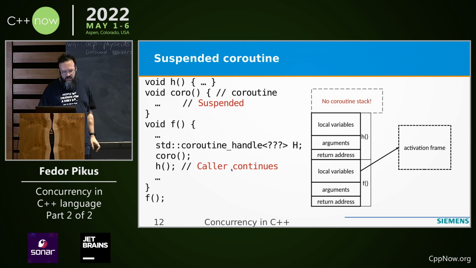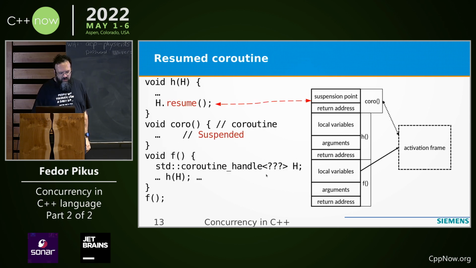Let's say the caller invokes another function, h, first. It goes on the stack. There is no coroutine stack anywhere here. A normal function, so everything is normal. The caller then, or maybe that function h, anybody, calls the resume method on the coroutine handle.